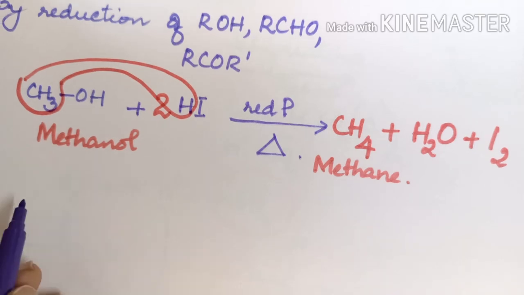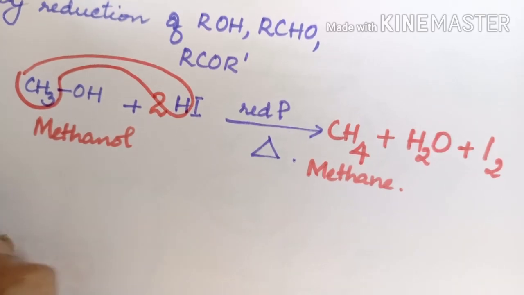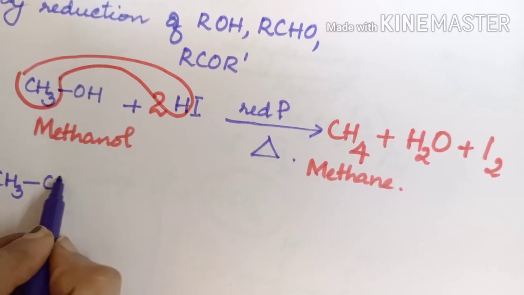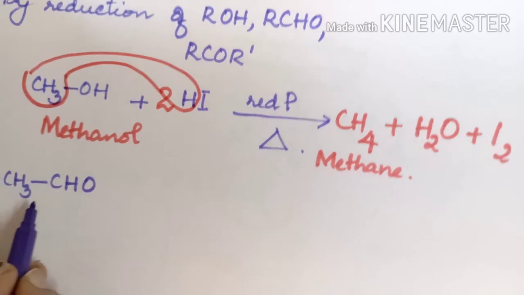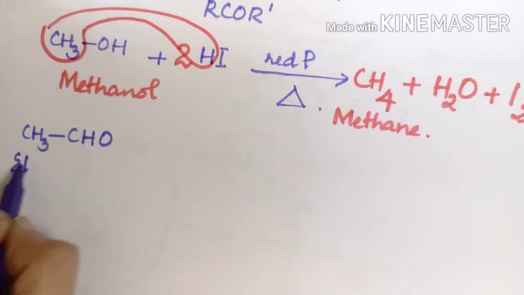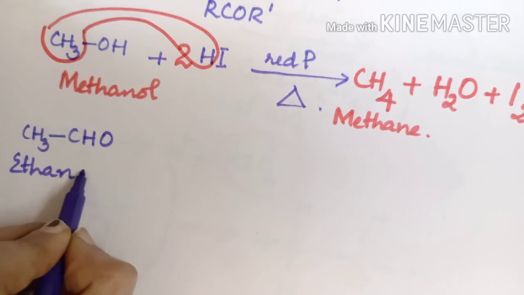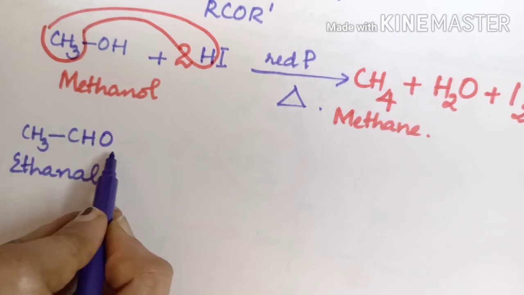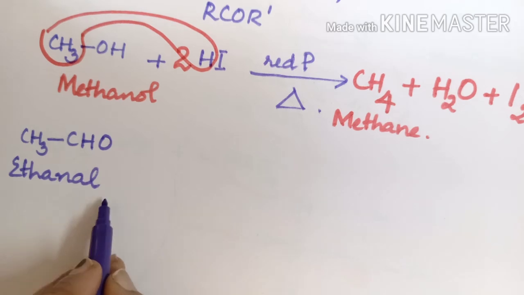Suppose that we have taken ethanal, CH3CHO. This contains two carbon atoms, and so the compound has the name ethanal because it is an aldehyde. The name should end with al.